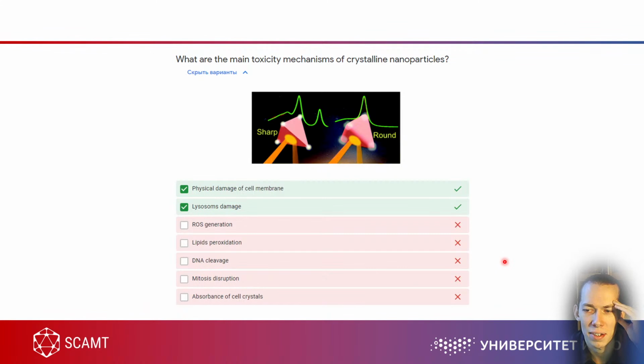Again, a wrong point. There is no DNA cleavage, because it's very hard for nanoparticles to get inside the nucleus. For most, maybe for all nanoparticles, it's impossible. Lipid peroxidation and ROS generation is a common feature of all nanoparticles. And mitosis disruption has something to do with proteins, with tubulin, for example, but not with crystalline nanoparticles.